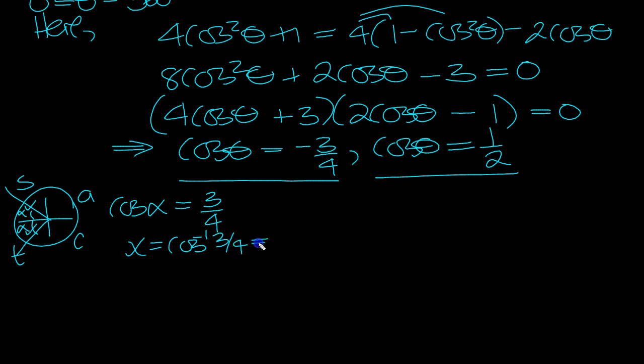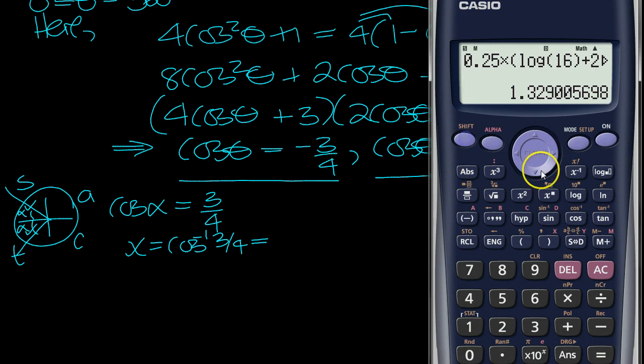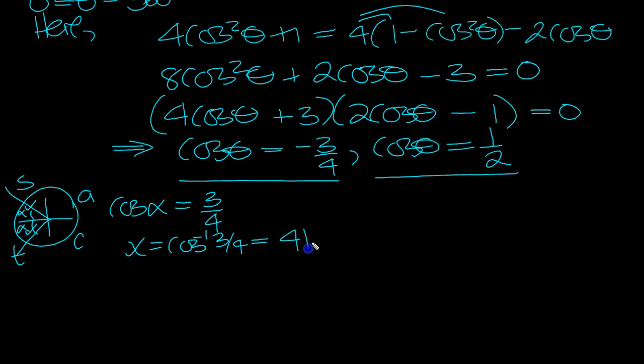Working in degrees, so let's work out alpha then. Shift cos, I'm in degrees mode, 3/4, 41.41 degrees.